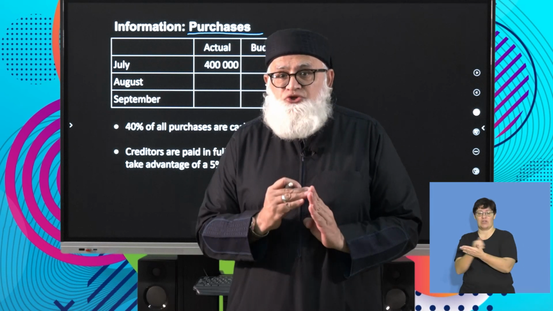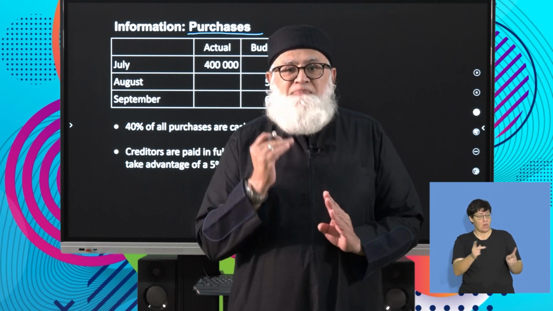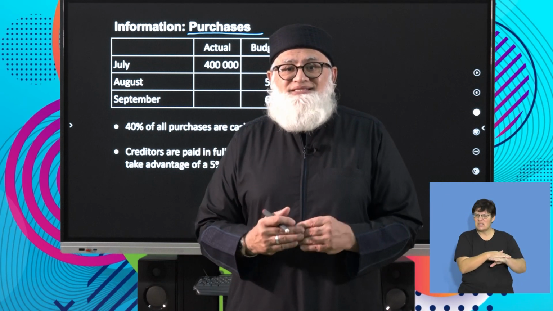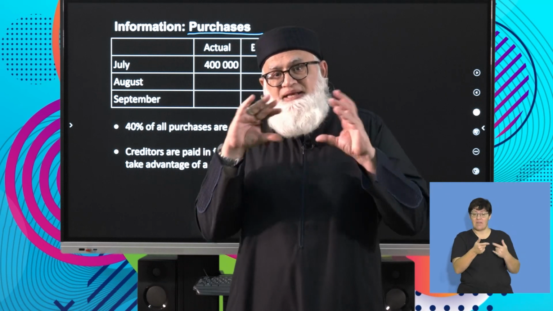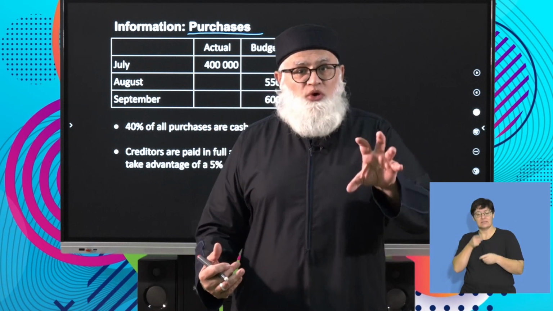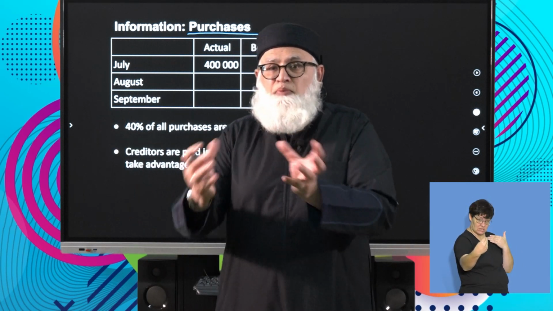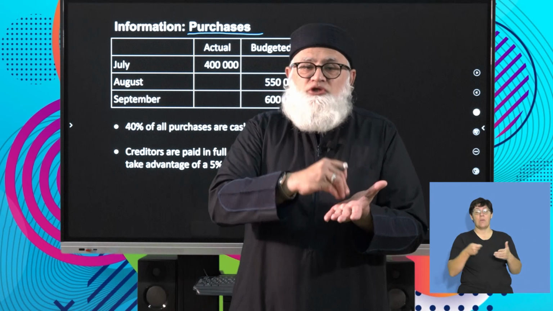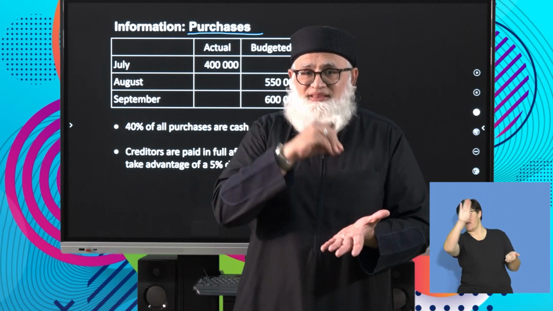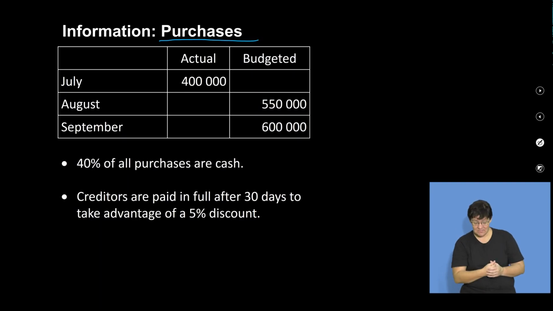And the reason we do that is because in our questions, we use what is called base stock. What is base stock? Base stock simply means whatever stock you start off with at the beginning of the month is the stock that you will end off at the end of the month. So whatever stock leaves the business is the stock that will be bought to replenish so that we have the same amount of stock at the beginning of the next month. Got that? Brilliant. Okay, so here we go.